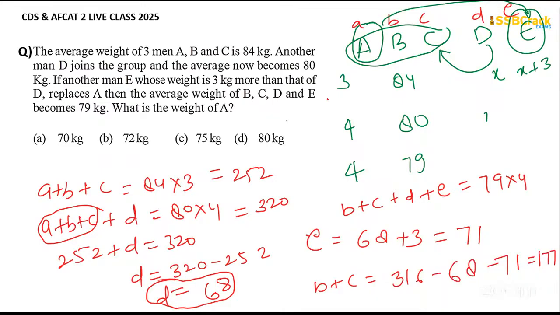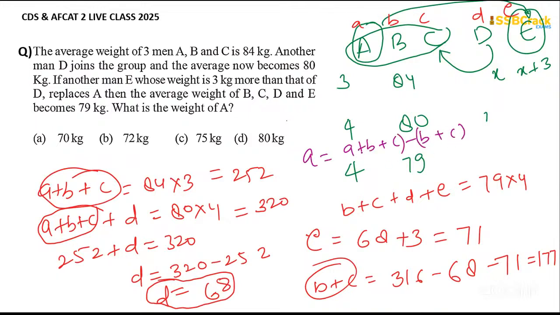So we have B plus C, and we have A plus B plus C. Now we want to find A. A can be found by using A plus B plus C minus B plus C. A plus B plus C we have as 252 and B plus C we have as 177.